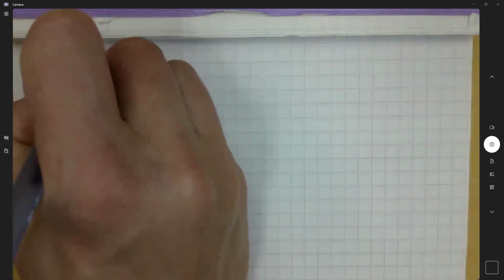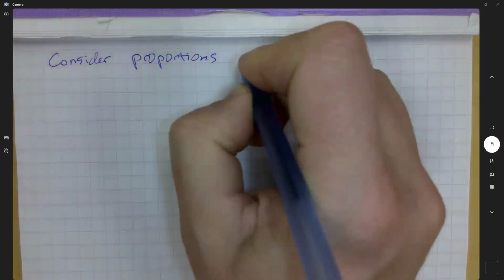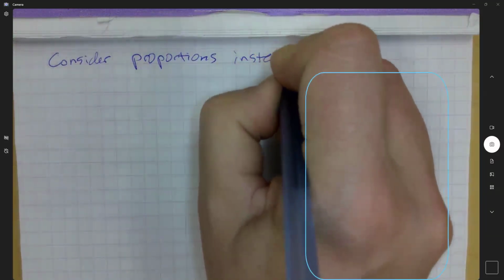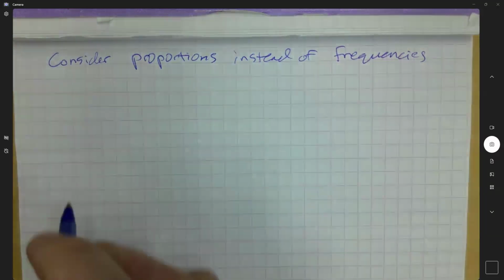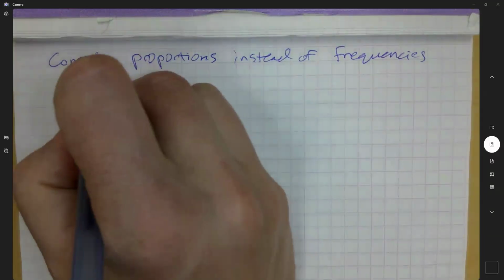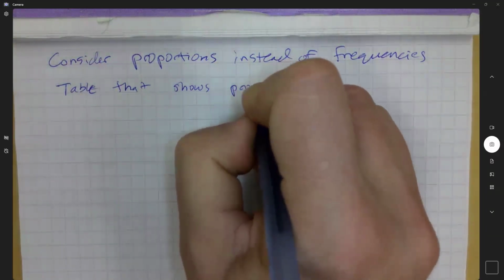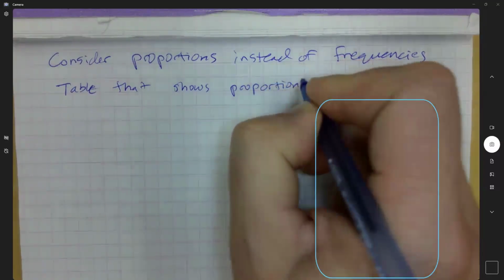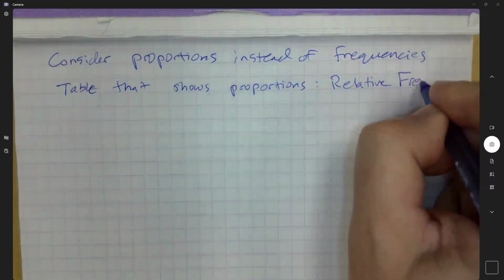If we want a slightly different look at the table, instead of frequencies, we can look at proportions. But the table that shows proportions is generally called a relative frequency table.